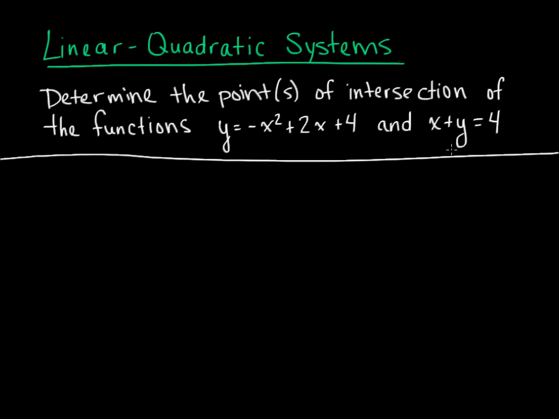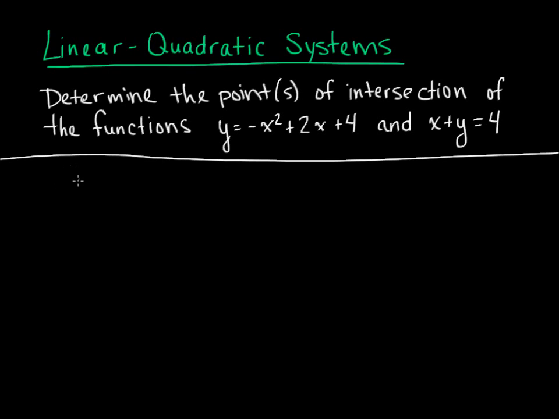And we know that using graphing as a method to solve for points of intersection is only really good when our points of intersection end up being integer values for the x and y coordinate. So it's not always reliable depending on what our points of intersection end up being.